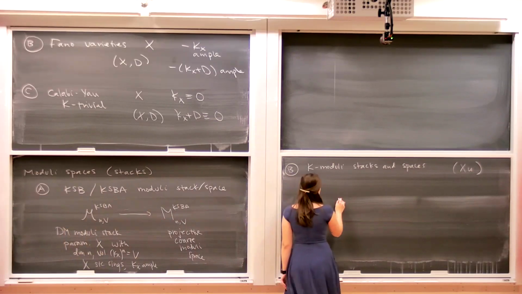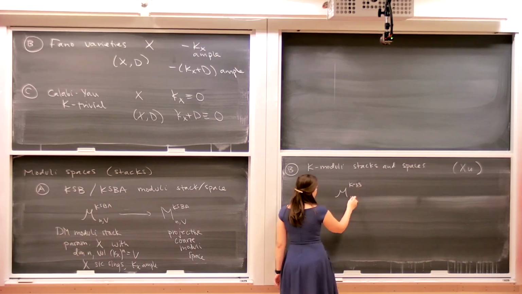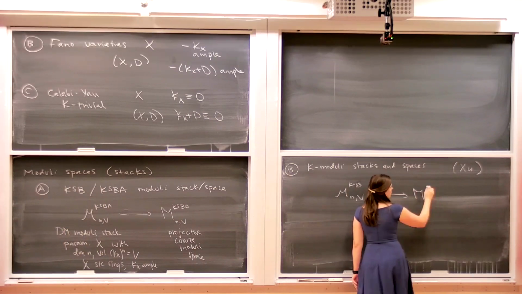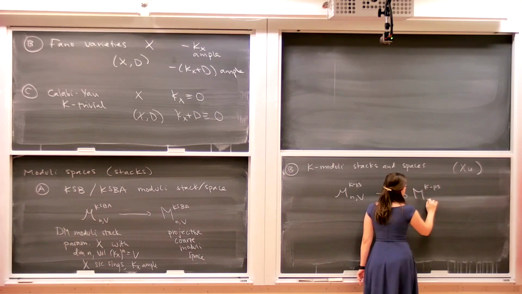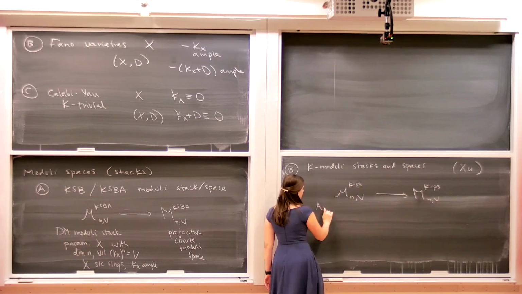But what is K-moduli? I have two different objects. I'll put a K-semistable stack, I'll define this in a second, mapping to a space, M^{Kps}_{n,V}, where this is an Artin stack.